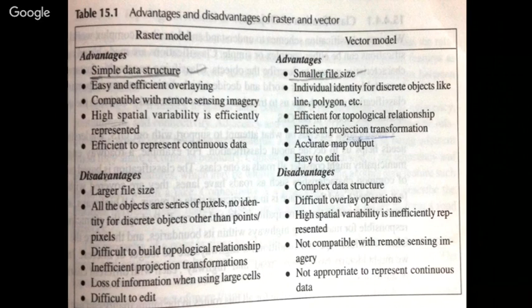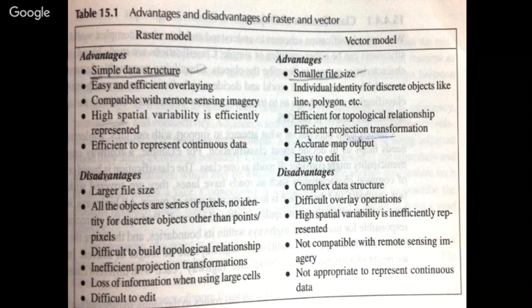There is an individual identity for discrete objects like lines and polygons, an individual layer for each, so we can work on each object separately. It is efficient for topological relationships, which we have in the vector model. It also has efficient projection transformation, accurate map output, and is easy to edit.